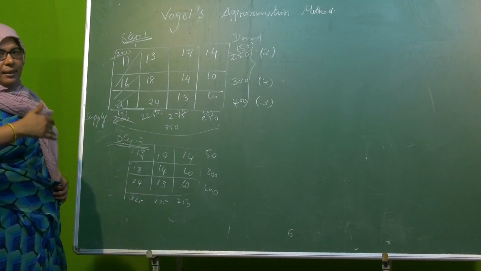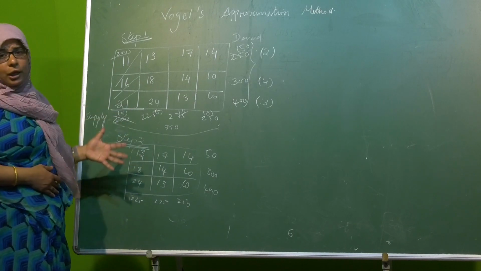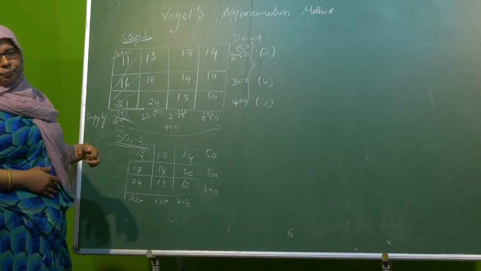Now we find the same difference between the least element and the next least element in each row and each column.